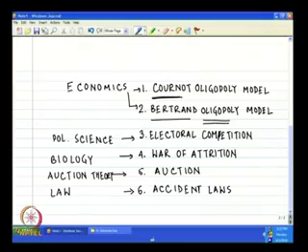The difference is that in the Cournot market or Cournot model, the producers are deciding on their production level. They are not deciding on the price. Price is determined in the market, so price is outside the control of the sellers.